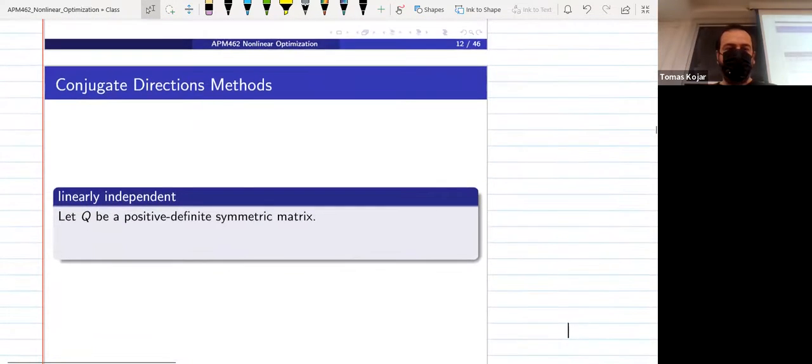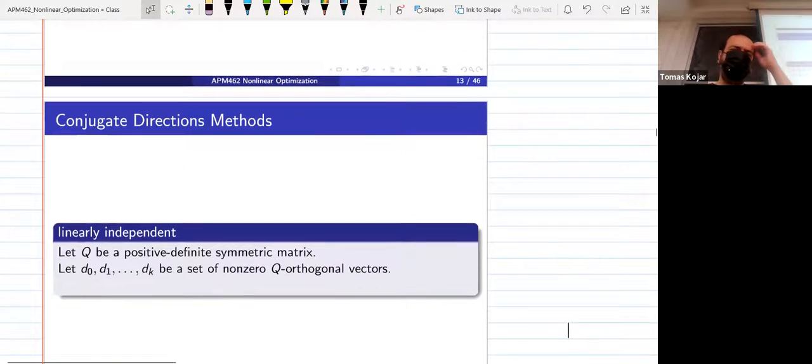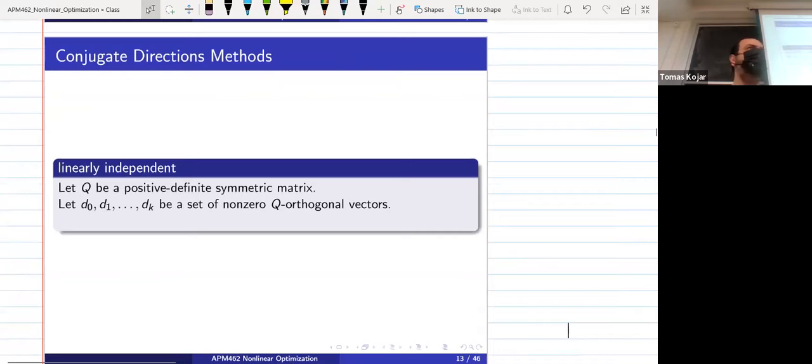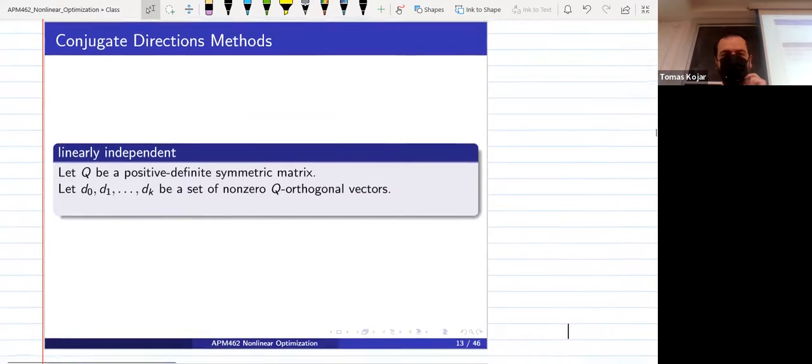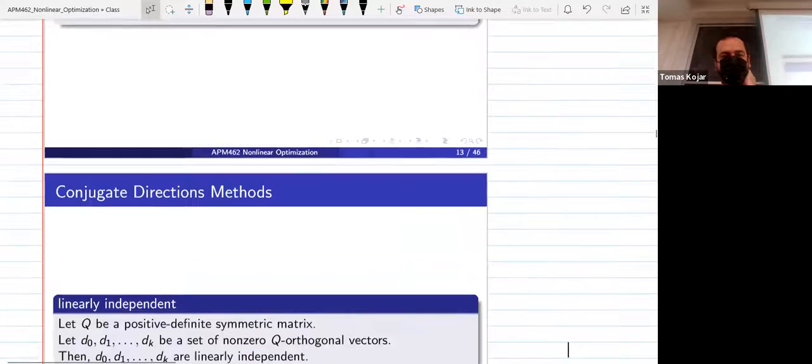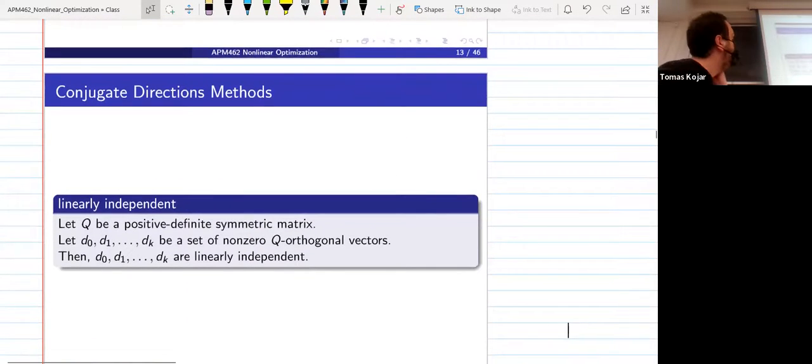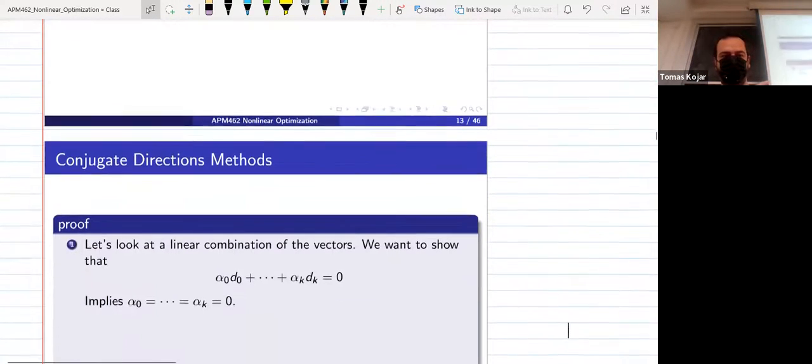Let's finally go to the method. This is a review from linear algebra that I have to do so that you remember. Eigenvectors are linearly independent if they have distinct eigenvalues, so let's just do it.